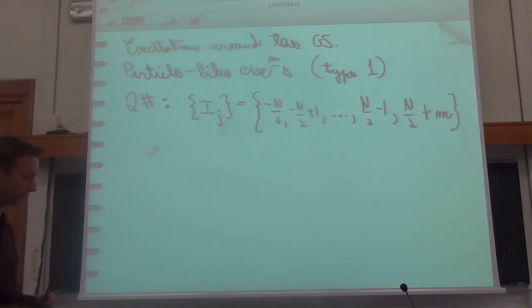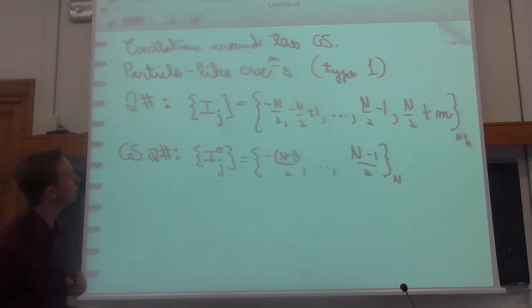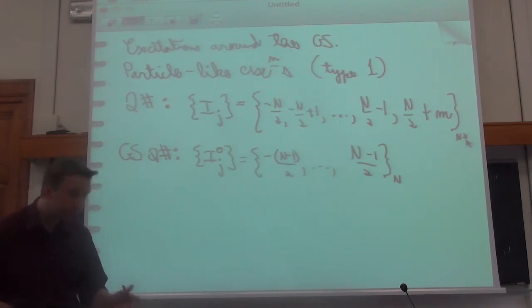So contrast with the ground state quantum numbers, which of course are I_j^0 equal to minus (n minus 1) over 2, etc., until (n minus 1) over 2. Okay, so here there are n, and here there are n plus 1. There is a slight mismatch.